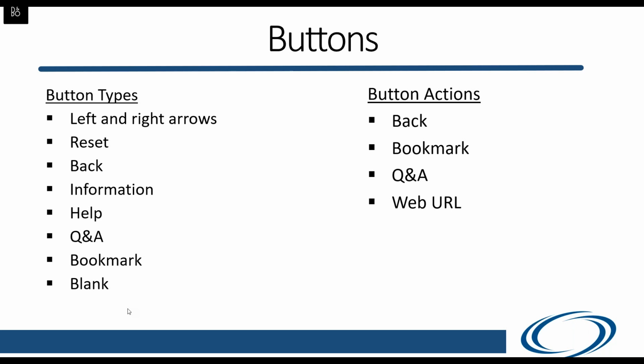And then your buttons can have different actions. So the back goes to the previous page you were on. Bookmark will designate a bookmark that you've defined to navigate to. You can launch the Q&A of Power BI, or you can even designate navigation to an outside URL.